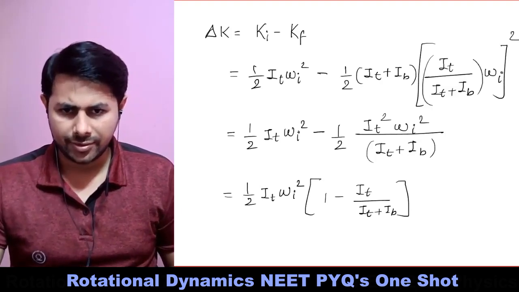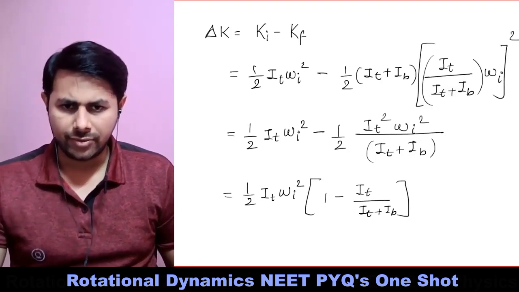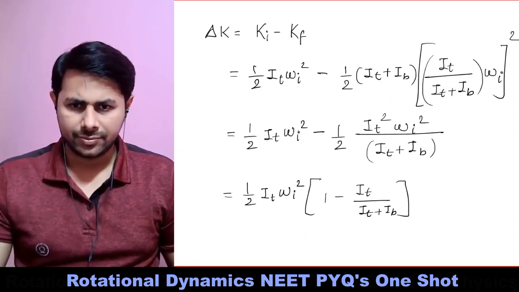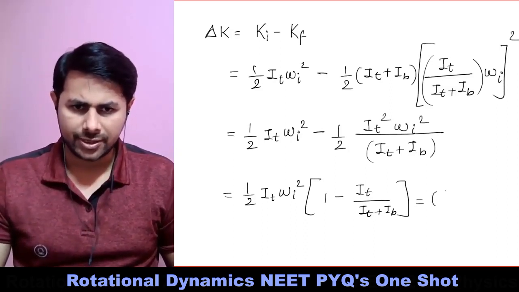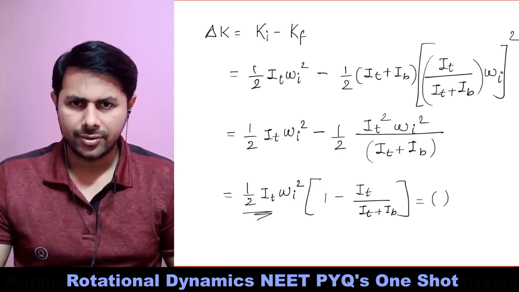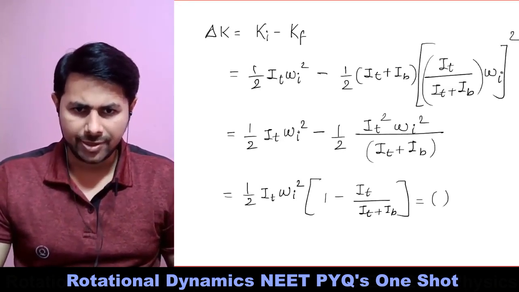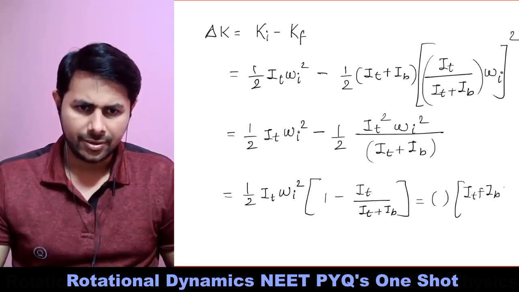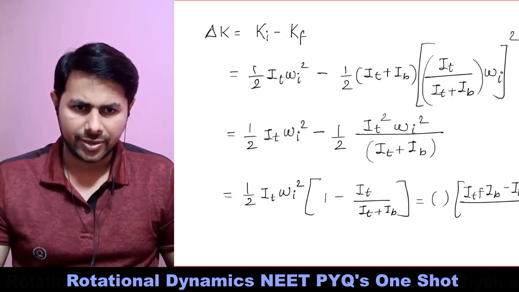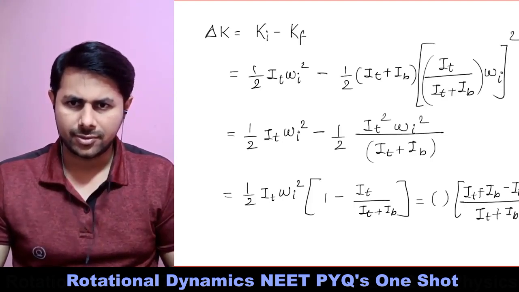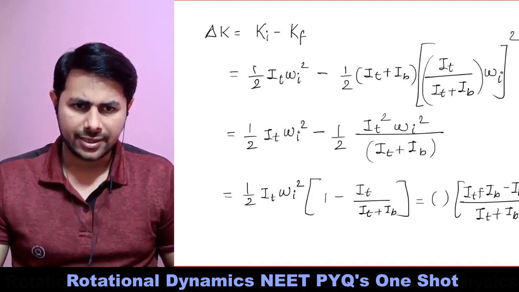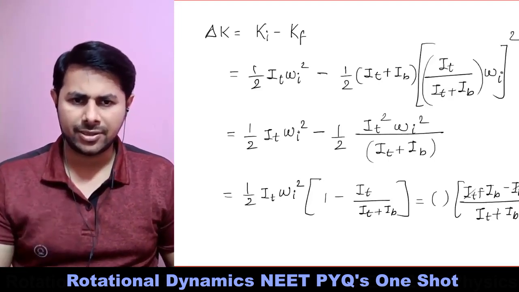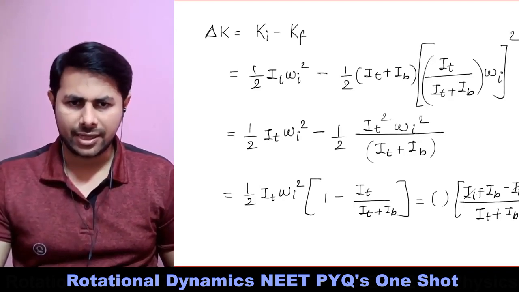Then we can make the denominator the same, so we multiply and divide the first term by I_t plus I_b. It will be I_t plus I_b minus I_t in the numerator, and in the denominator we have I_t plus I_b. So I_t and I_t get cancelled out, and it is I_b upon I_t plus I_b.